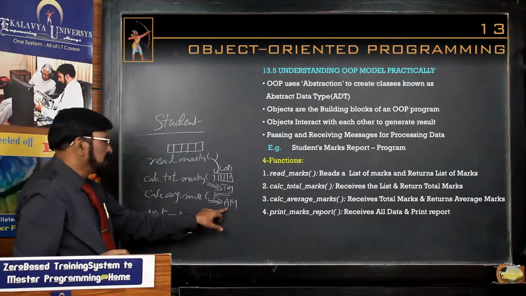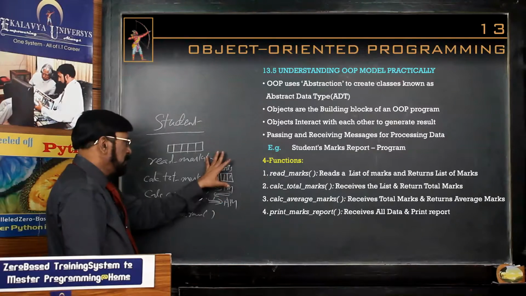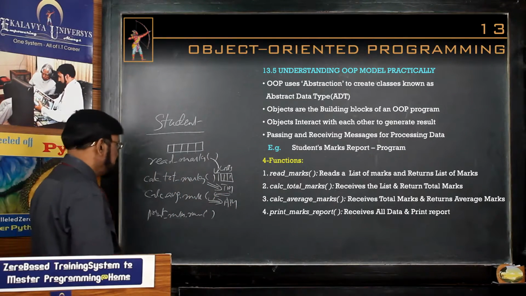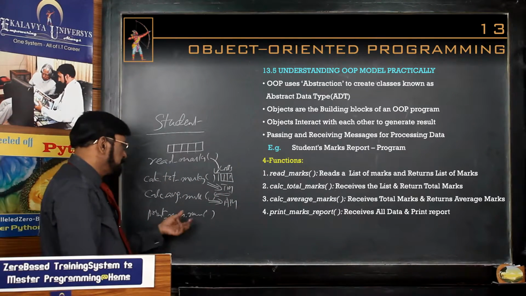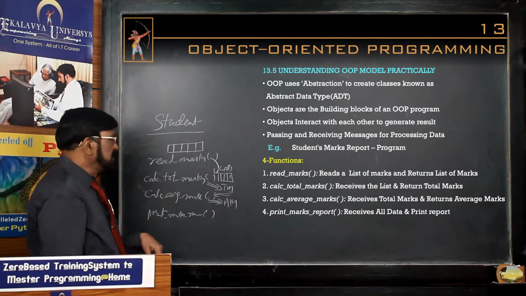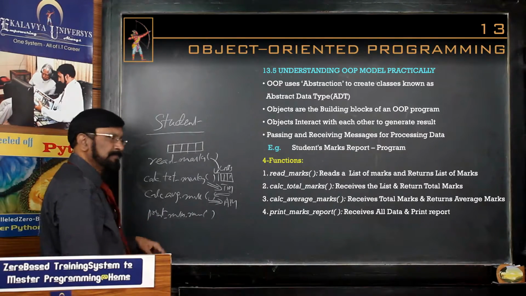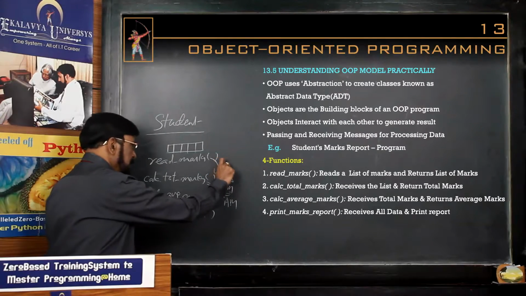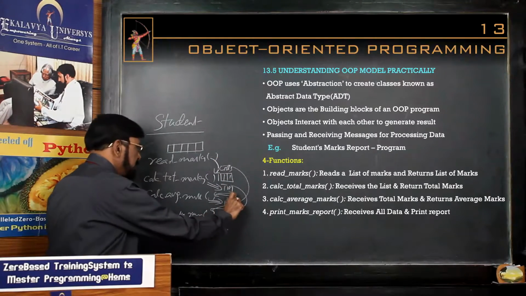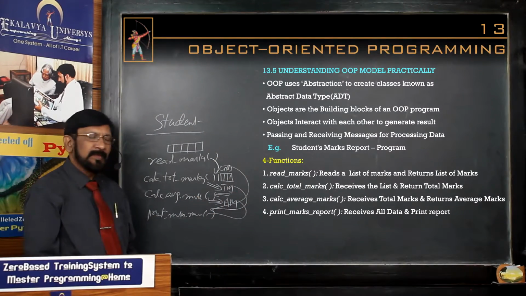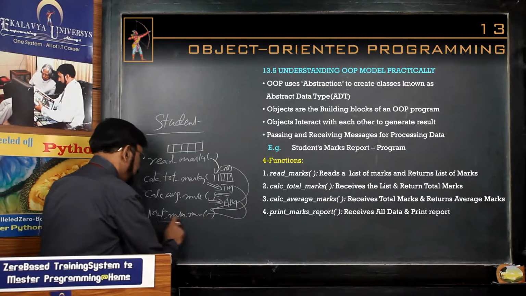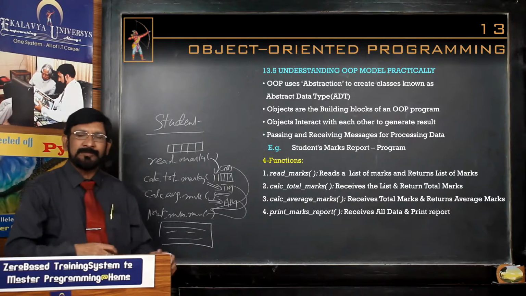Now all the information is there. As far as print marks is concerned, what does it require? It requires all this information. This is required, this is required, this is required also. It takes everything, and ultimately it prints the marks report in a specific format.